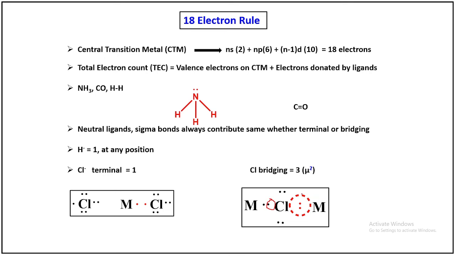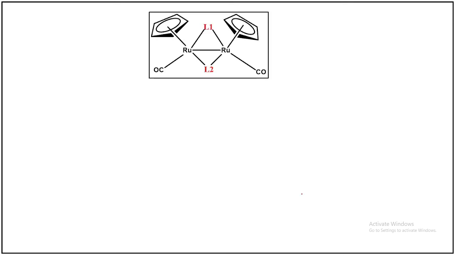Now that we know how to calculate the total electron count, let us move on to the question given. The number of valence electrons on the central transition metal ruthenium is 8, and carbonyl is a 2-electron donor. The next ligand attached to the ruthenium is cyclopentadienyl, which is a 5-electron donor.